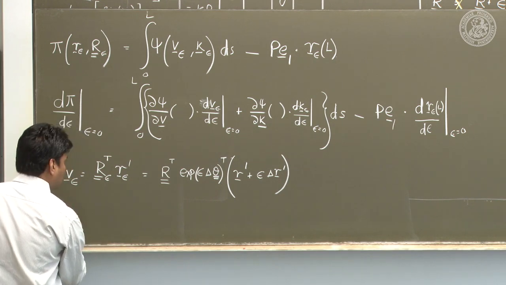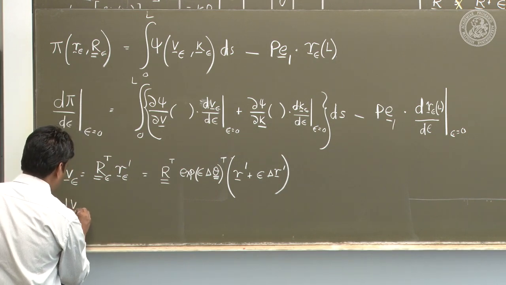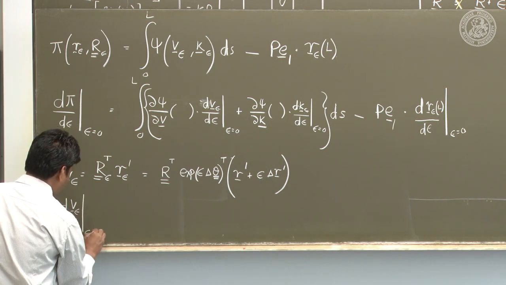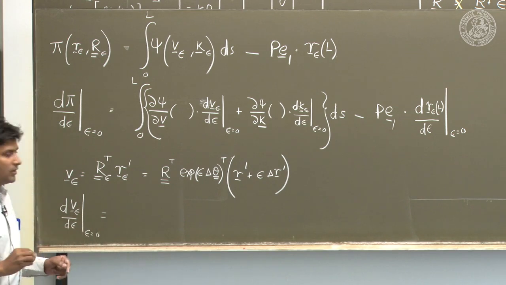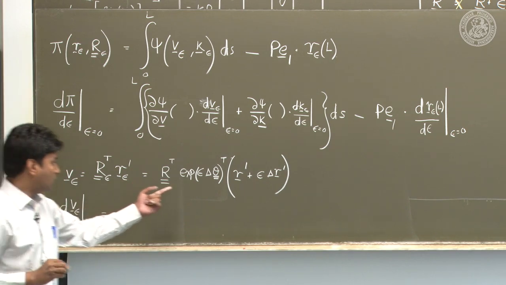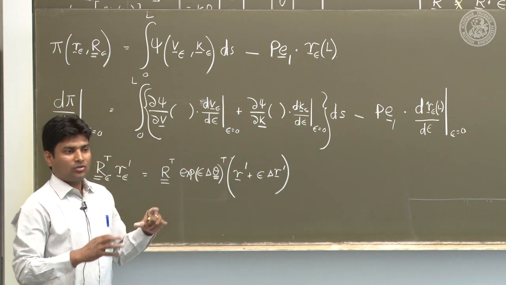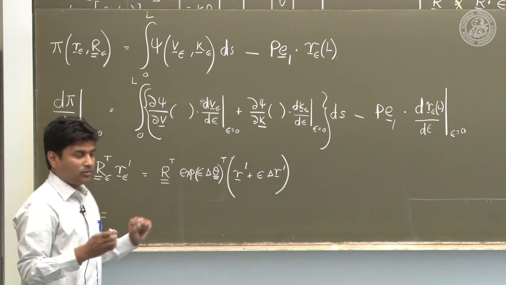So, what is dV epsilon over d epsilon at epsilon equal to 0? Here you see, epsilon is present over here and also over here, so you have to use what's called the product rule.